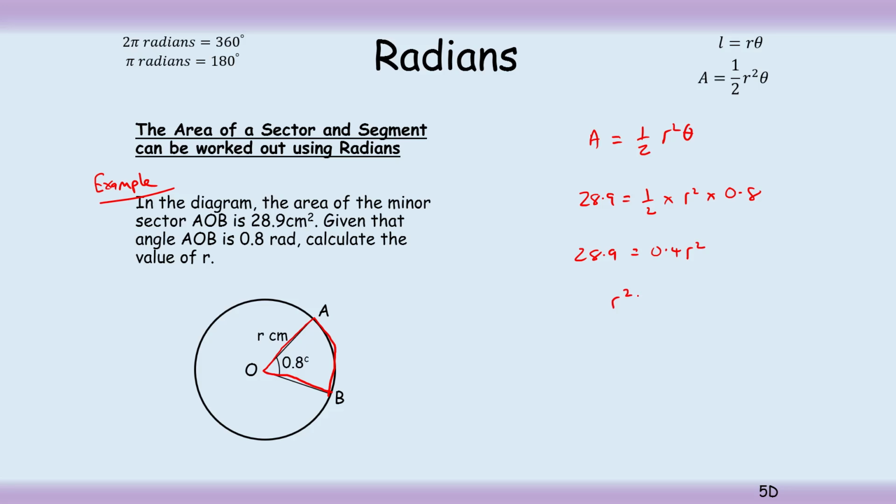That means r squared is equal to 28.9 divided by 0.4, and so r is the square root of 28.9 over 0.4, and your calculator will tell us that the solution, which must be positive, is 8.5 centimeters.